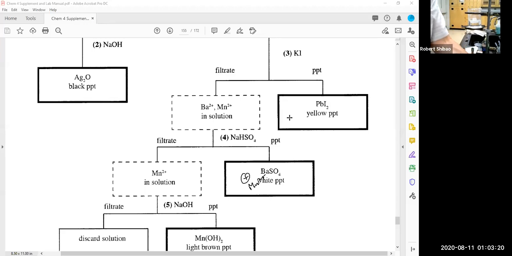I'm going to put in, so this had barium in there, a new test tube. Just a small test tube again. It says 12 milliliters for this, but I'm going to go less than 12, and then I'm going to adjust the amounts accordingly.